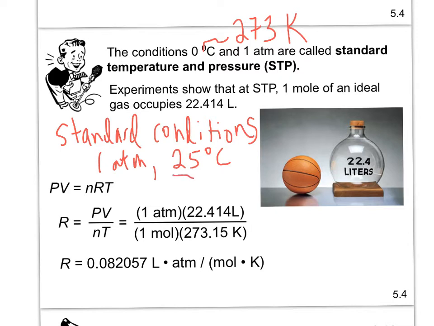Standard conditions is a little bit warmer than most people's room temperature, which tends to be around 20, 21, 22 degrees Celsius. Standard conditions is at 25 degrees Celsius.